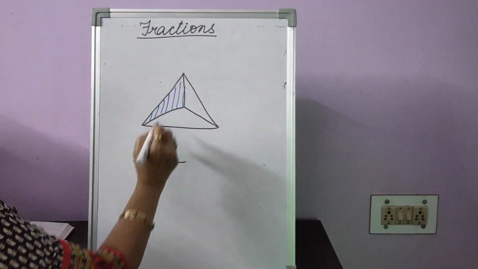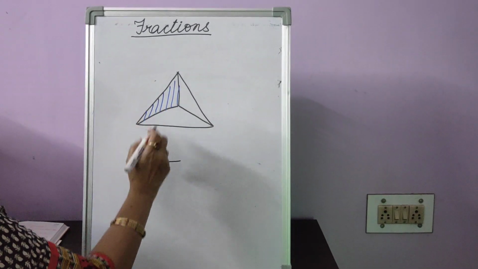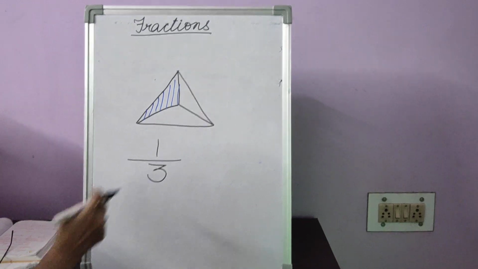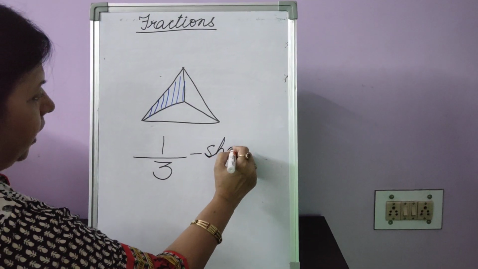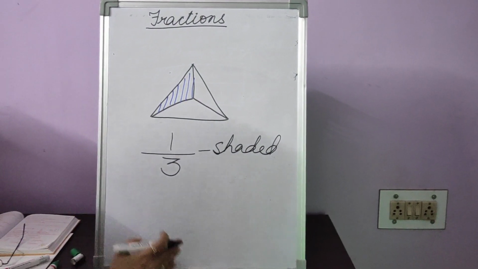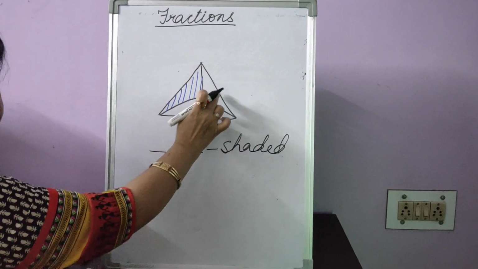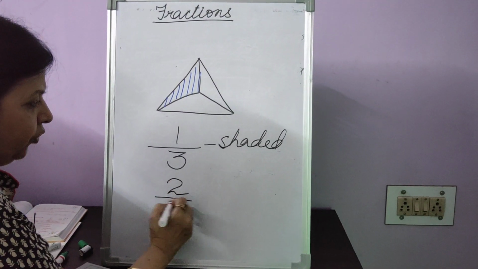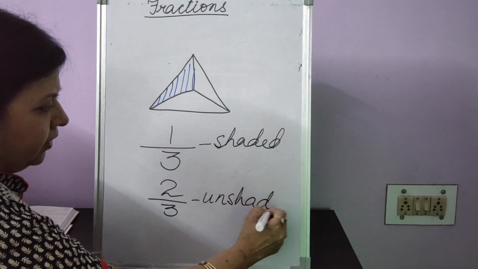So, the bigger number comes down, 3 parts. Out of that, how many parts are shaded? 1 part is shaded. So, we say 1 upon 3 is the shaded part. Now, if 1 upon 3 is the shaded part, which is the unshaded part? How many? 2. So, 2 upon 3 is the unshaded part.